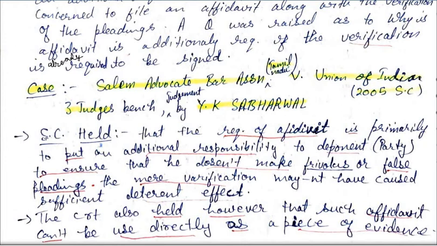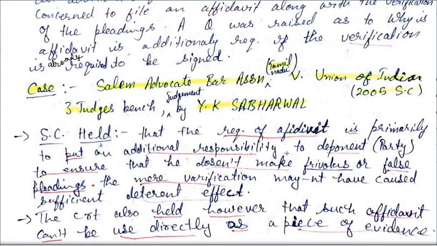Supreme Court held, write down, the Supreme Court held that the requirement of the affidavit is primarily to put an additional burden या responsibility upon the party या to the deponent. तो जो भी एफिडेविट फाइल करता है he will be called a deponent. वैसे तो वो पार्टी होगा, but since he is filing an affidavit, he is a deponent.